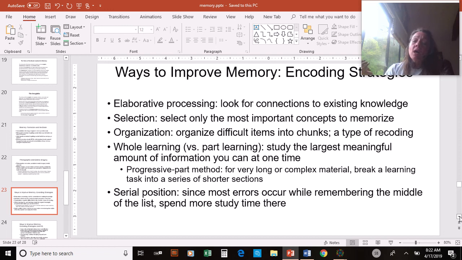And then we have whole learning versus part learning. With whole learning, you're studying the largest meaningful amounts of information at one time, whereas with part learning or the progressive part method, you want to break it up so that you're able to retain that information better.